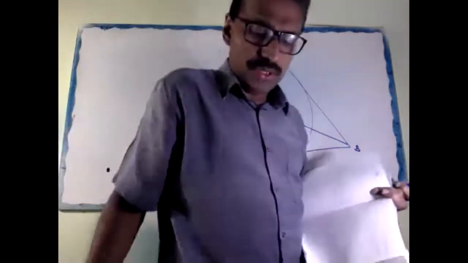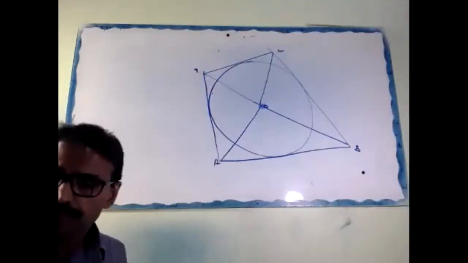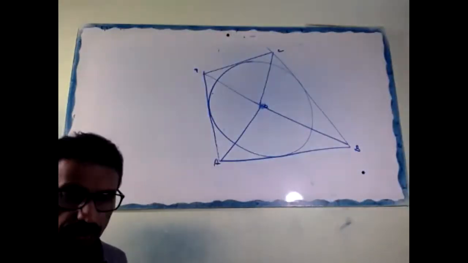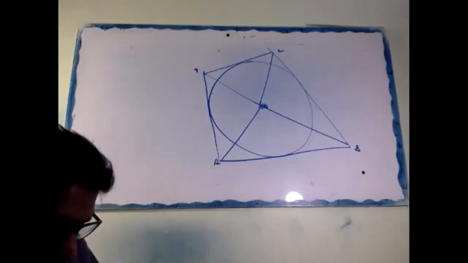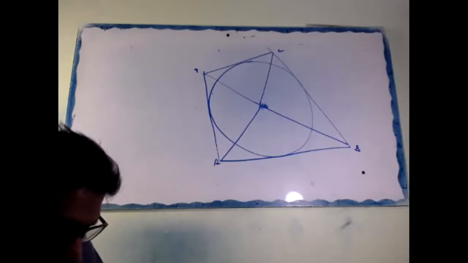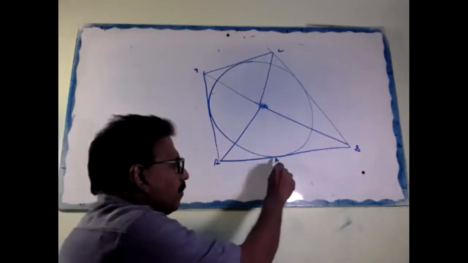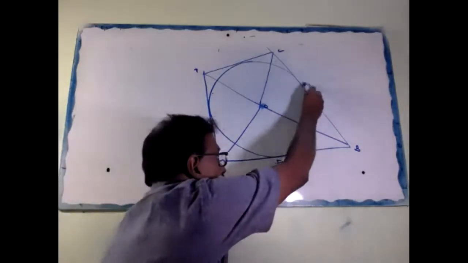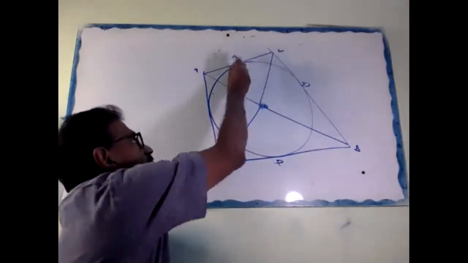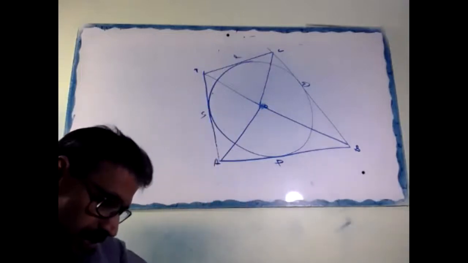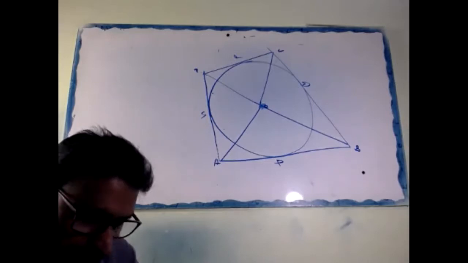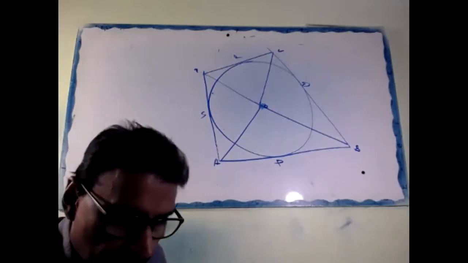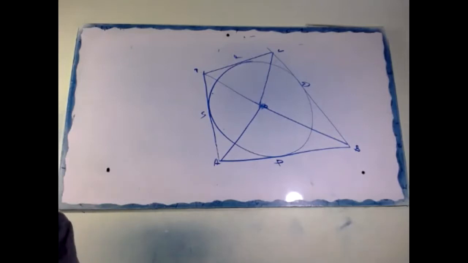Question again: a circle touches the sides of a quadrilateral ABCD at P, Q, R, S. Show that angles subtended at the center by a pair of opposite sides are supplementary.